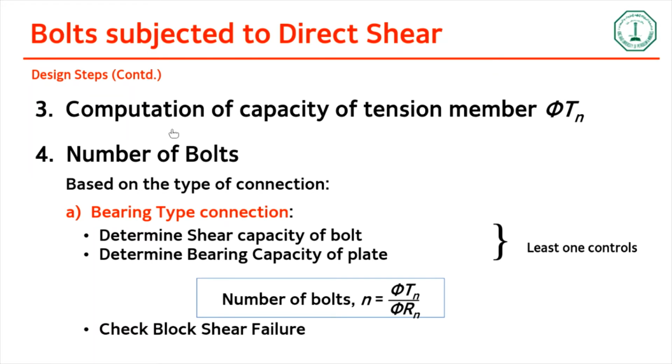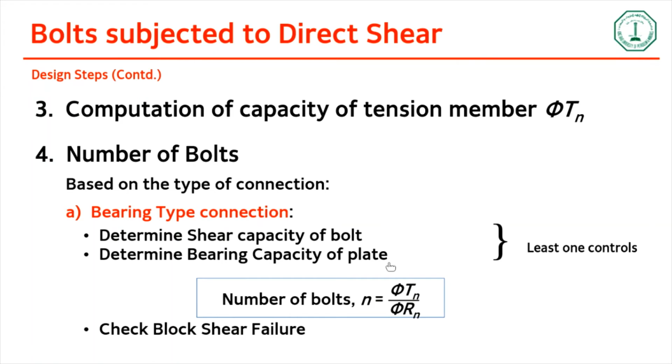This is how we calculate the number of bolts: n equals PTN over phi Rn. PTN is the load acting, and phi Rn is calculated based on the shear capacity of the bolt, if it's a bearing type connection, as we discussed, and the bearing capacity of the plate.